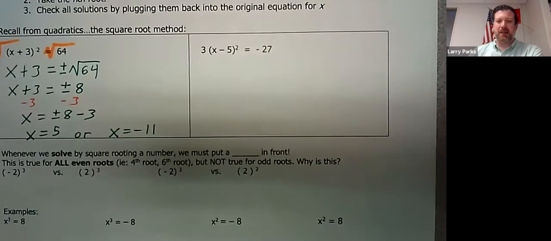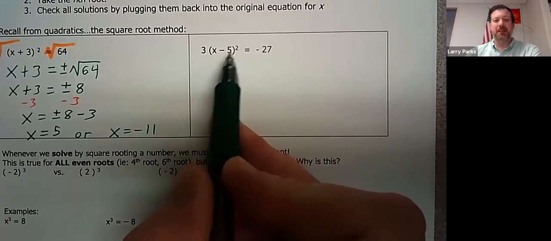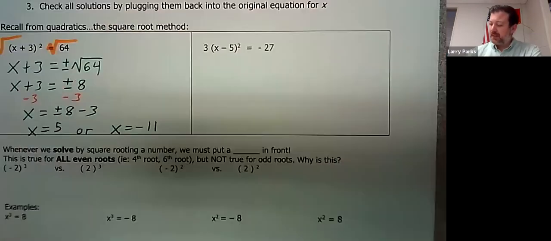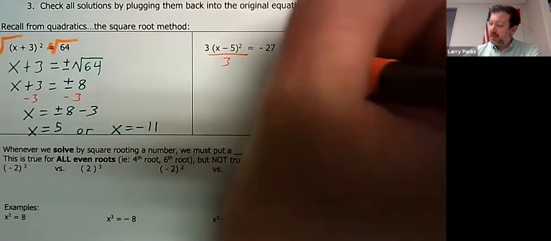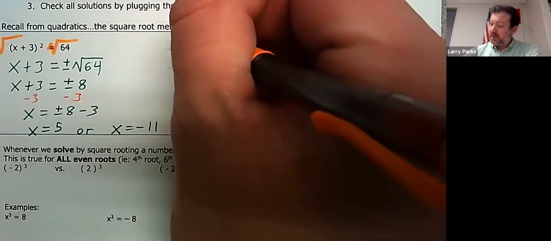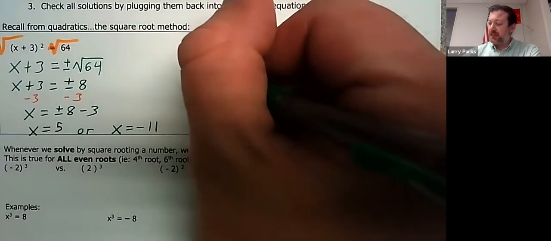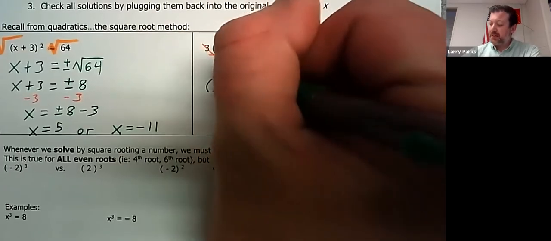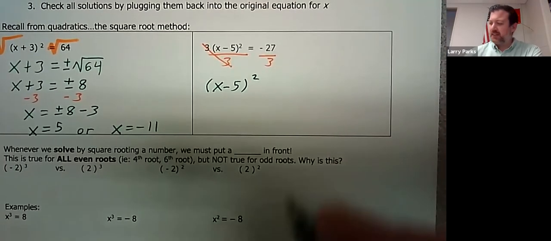All right, on this problem, isolate the exponent. So I'm going to divide both sides by 3. And I get x minus 5 squared equals negative 27 divided by 3, which is negative 9.